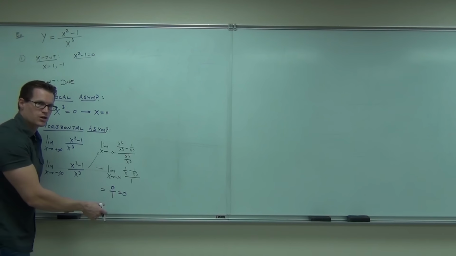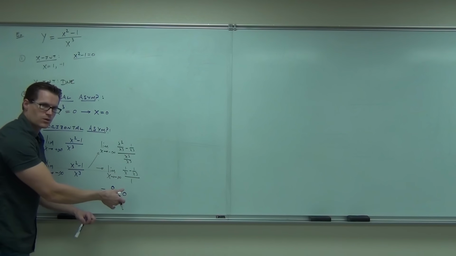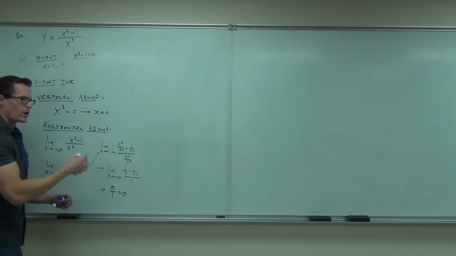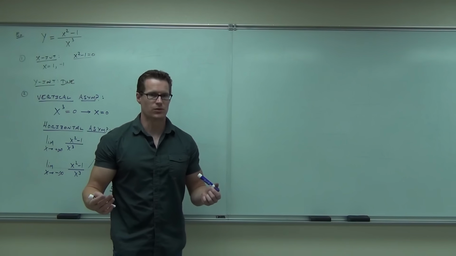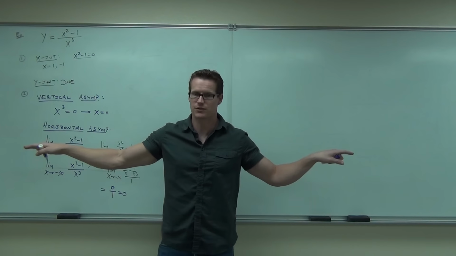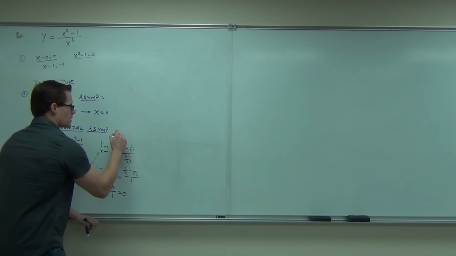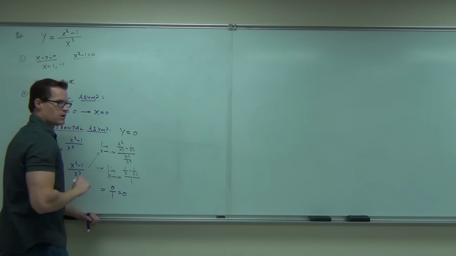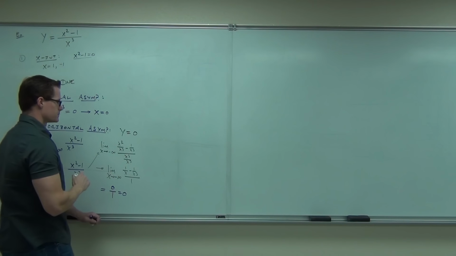Does anything change? Is it still 0? So, where are our horizontal asymptotes? 0. Both left and right? Both left and right. So horizontal asymptotes occur at y equals 0, both positive and negative infinity.